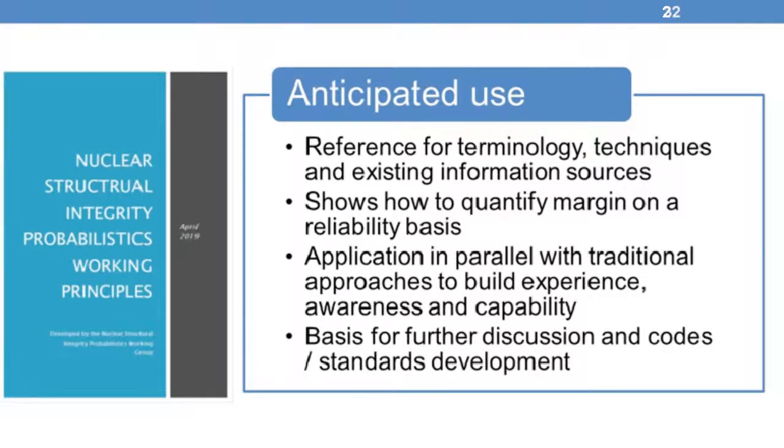And we anticipate initially that the document will encourage application of these methods in parallel with traditional methods to help build capability, and also to provide support to the onward developments of codes or standards in this field. And as I mentioned a few minutes ago, we're already seeing some of this within the ASME community.